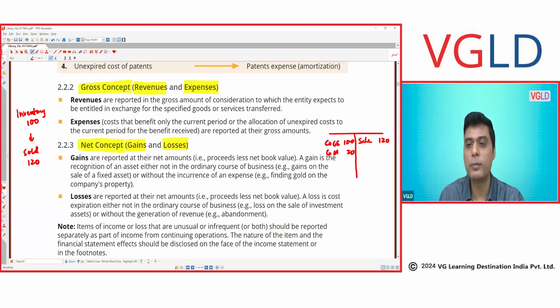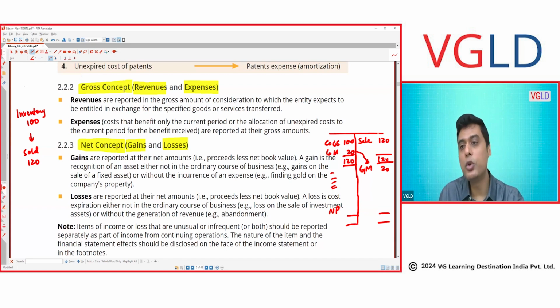Gross profit or gross margin will be 20, right? Remember your trading and profit and loss account from class 11th? And then this gross margin used to go to the P&L here, right? We would close the trading account here at 120. This gross margin would go to the P&L, and then we would write our other expenses, and then the net profit will arrive.